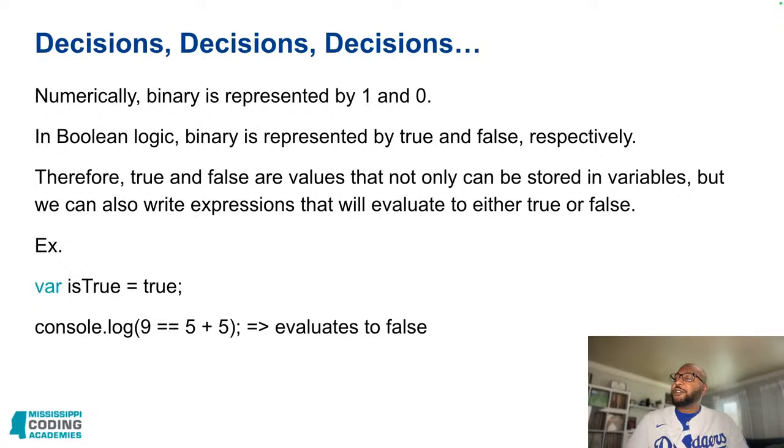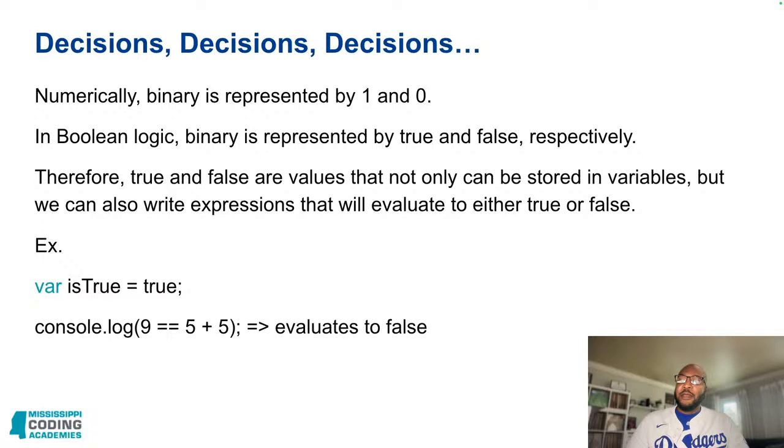Therefore, true and false are values that not only can be stored in variables, but we can also write expressions that will evaluate to either true or false. You can see here as an example, I have a variable isTrue that I set to true.